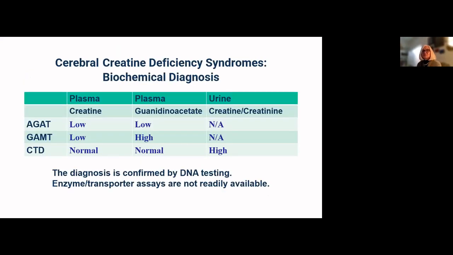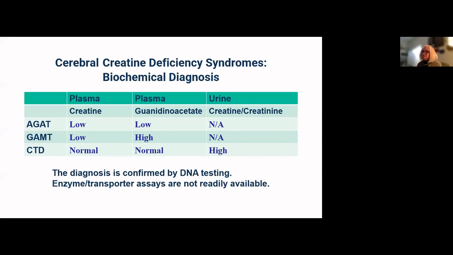There are also biochemical tests to diagnose cerebral creatine deficiency syndrome, and they are basically measuring creatine and guanidinoacetate in plasma and urine.